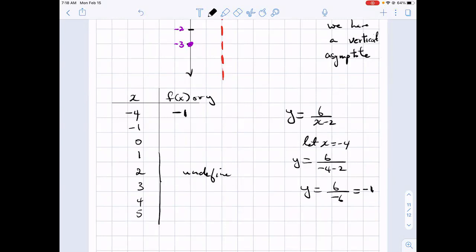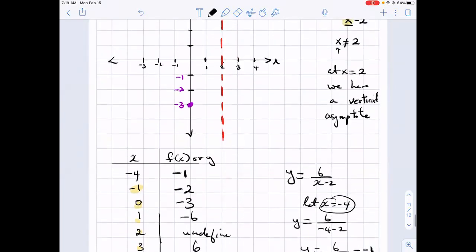If you do the same by plugging in the other values and continue the process, by filling up my table you will get a minus 2 here, a minus 3 here, a minus 6. We know when we plug in 2, it will be undefined. If you try 3, you'll get 6. If you try 4, you'll get 3. And if you try 5, you'll get 2.